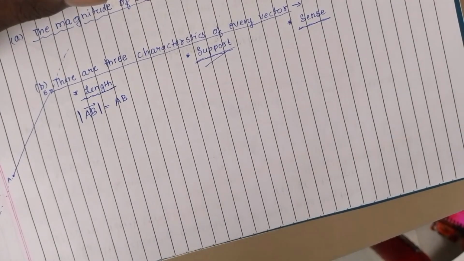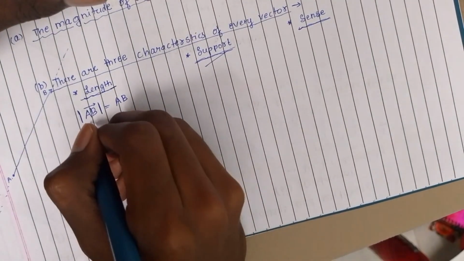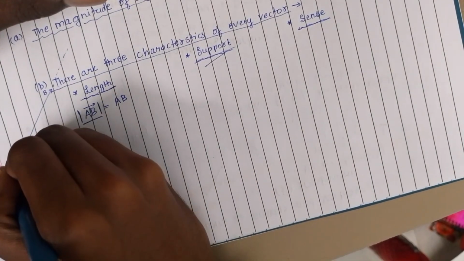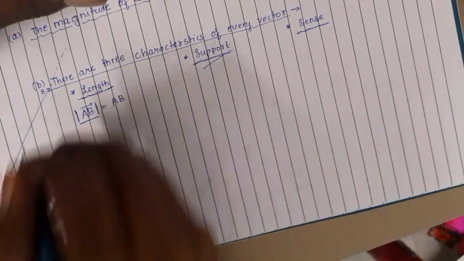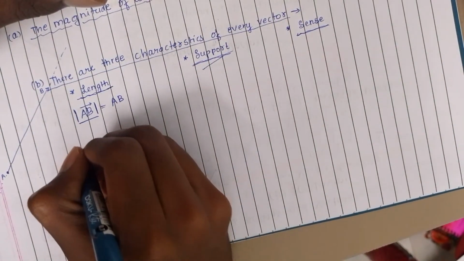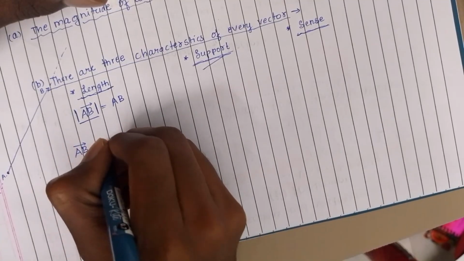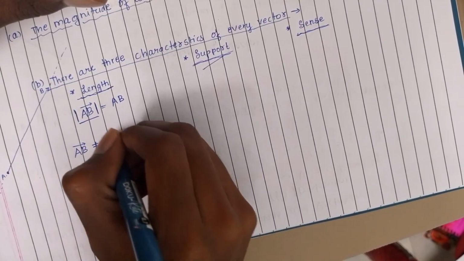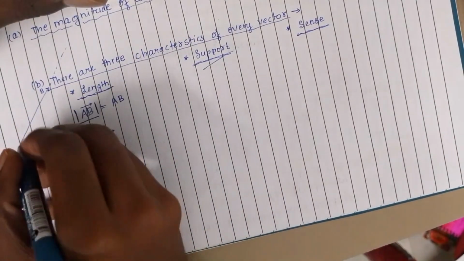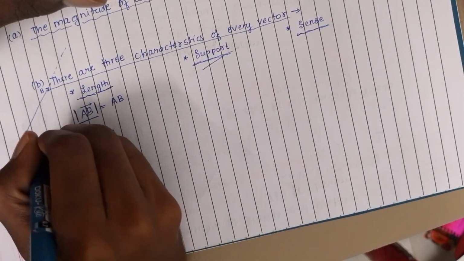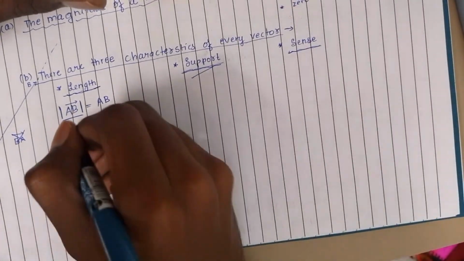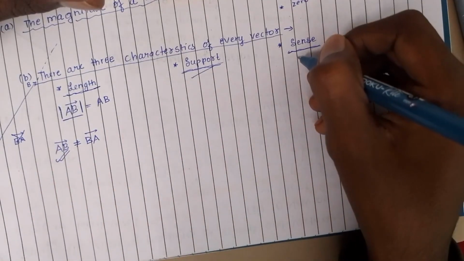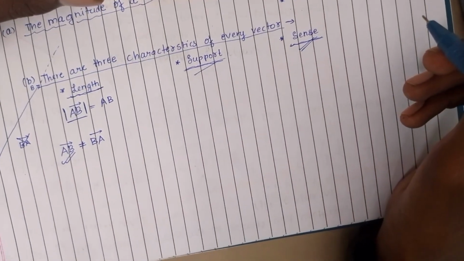This one is very important. When I write a vector, the first letter must be its initial point, not the terminal one. AB vector is not BA vector. It can never be written as BA vector. If you write it like this, it is wrong. It is always AB vector, and that's what sense says.